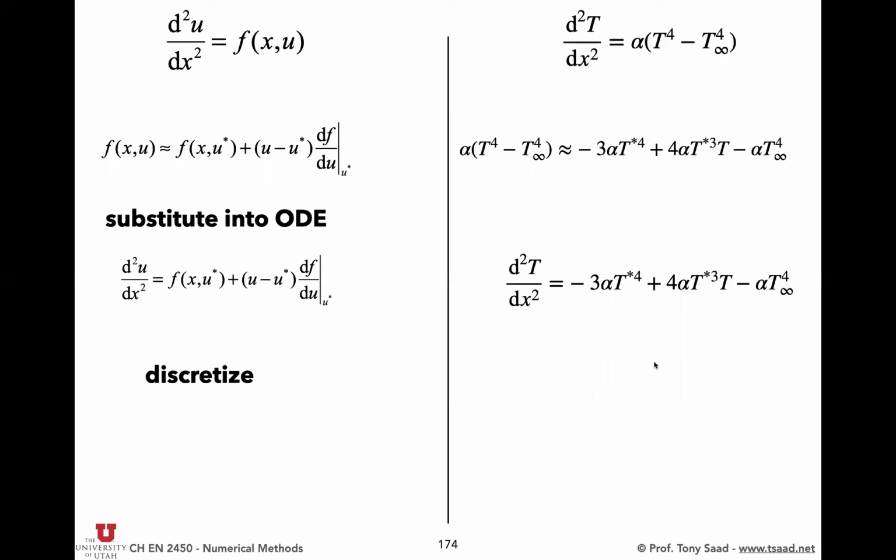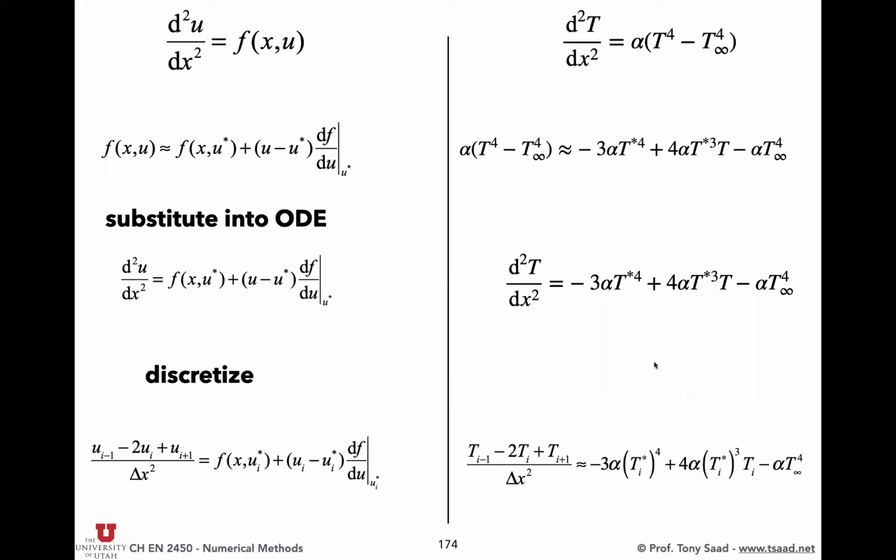Next, we discretize with our standard central discretization on the left, and on the right, everything is at point i. Now, there's a subtlety here: t star is not a value across the entire domain like t infinity. Every point in the domain has its own t star.